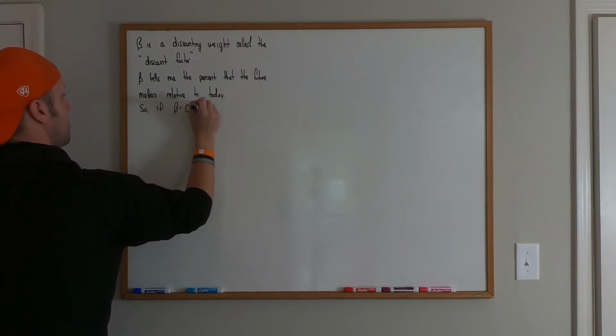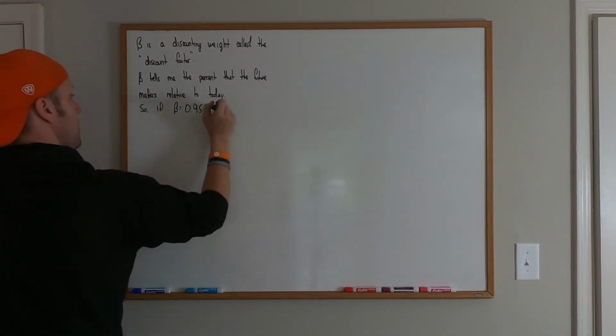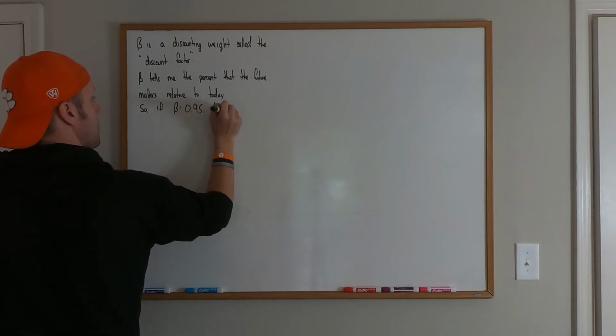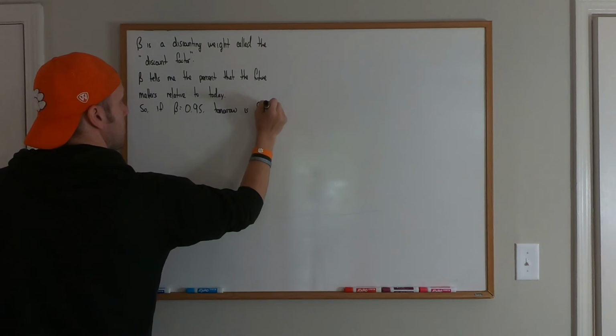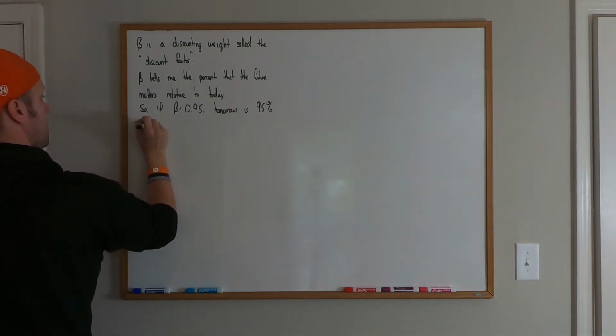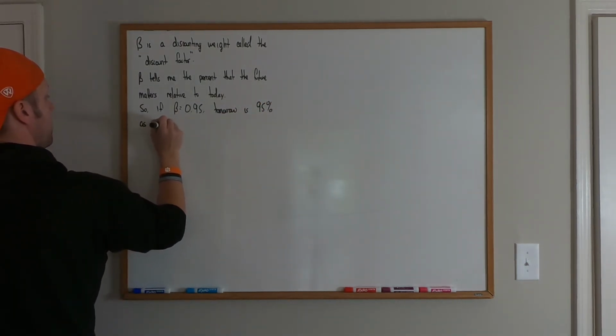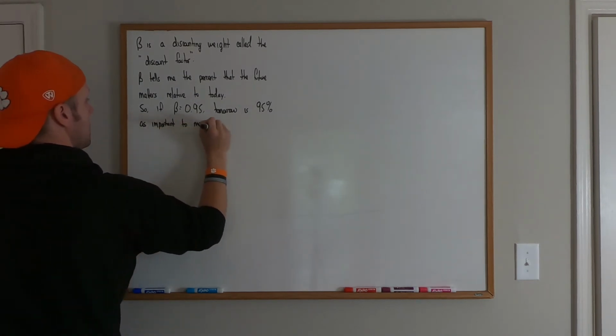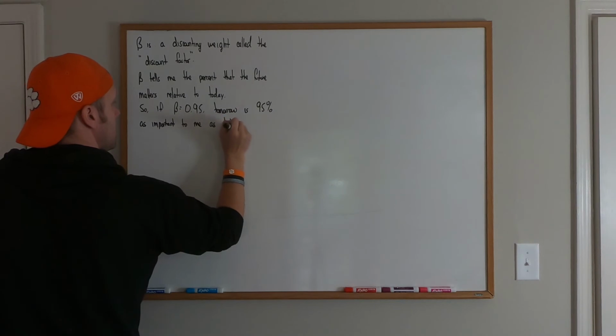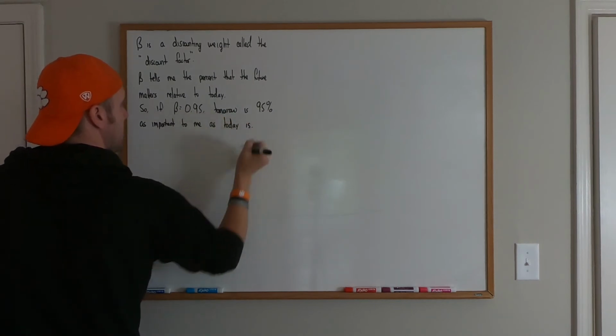So if beta is equal to 0.95, tomorrow is 95% as important to me as today is.